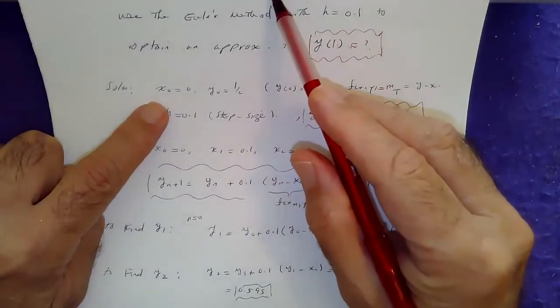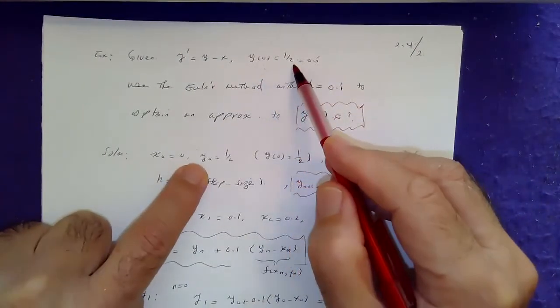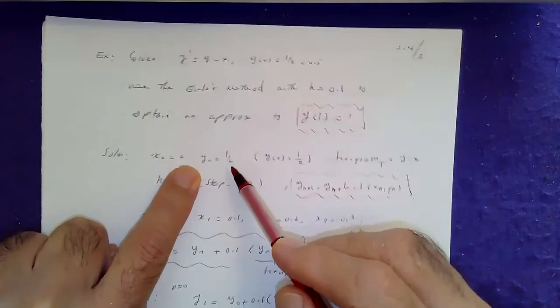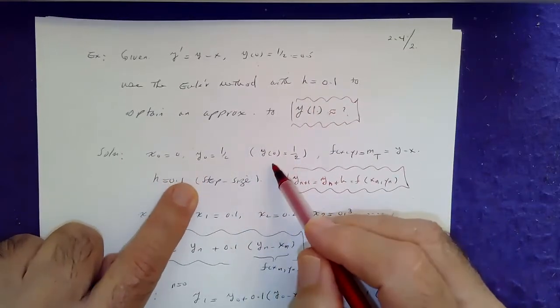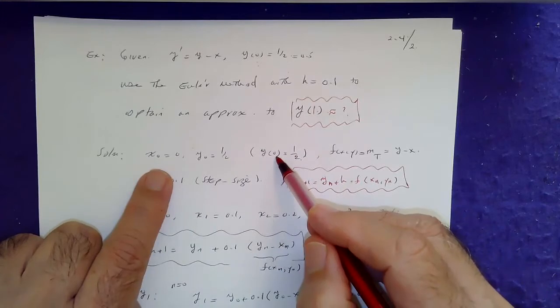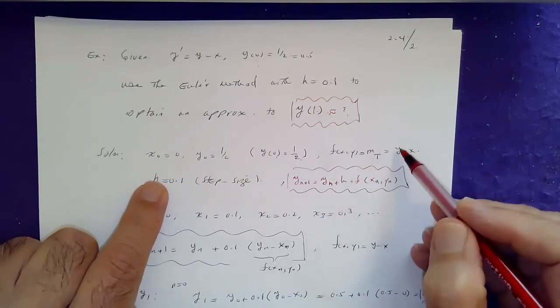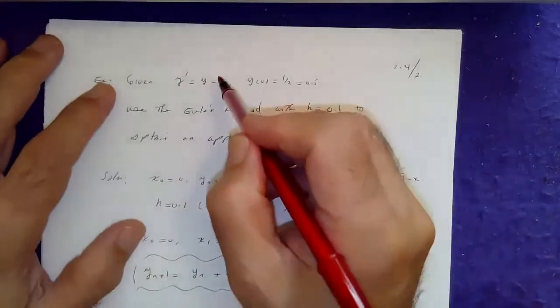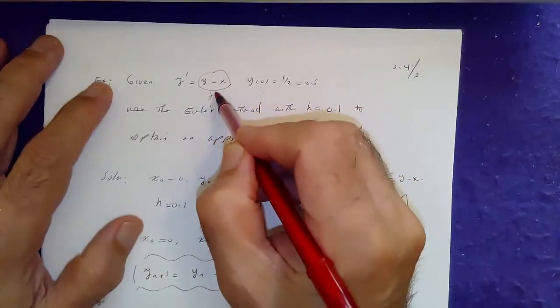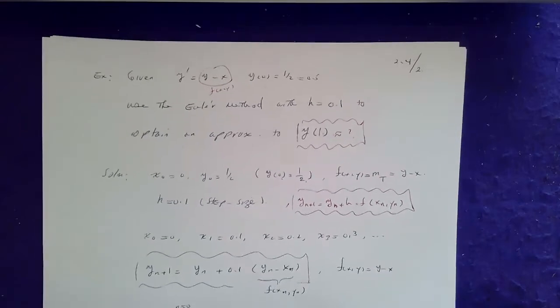x0 is 0, correct? Here is x0. y0 is 1/2, that's your initial condition. That's why it's y sub 0 is equal to 1/2. So that means x0 is 0, y0 is 1/2. The slope of the tangent line is y minus x. This is your slope, f of x, y, for any given point.